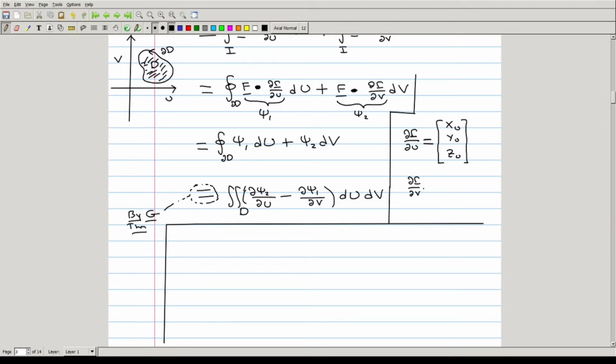Dr dv is equal to xv, yv, zv. And f, remember, is the functions p, q, and r.